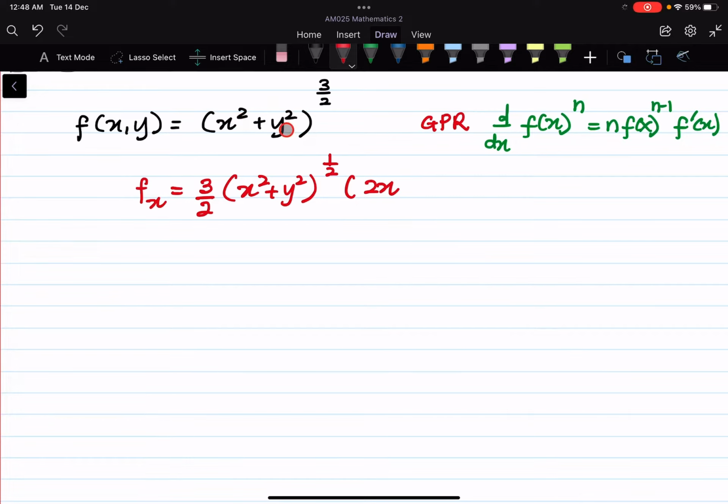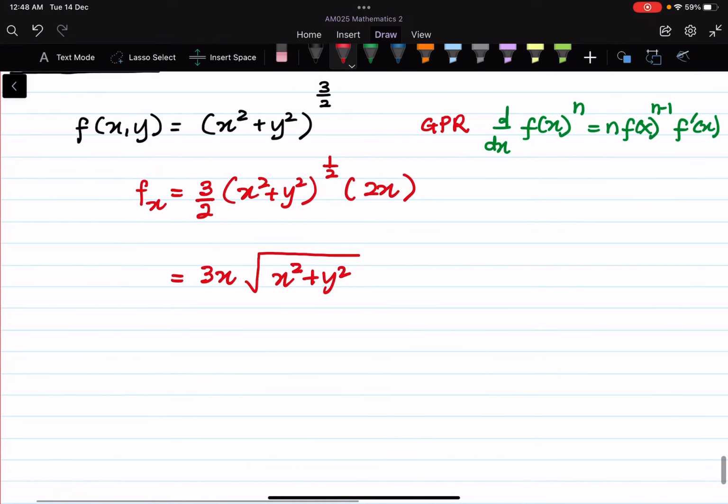Differentiating y squared with respect to x is 0 because y squared is a constant. So we're going to get, simplifying 3 over 2 with 2x is 3x times the square root of x squared plus y squared. So that is for f sub x.